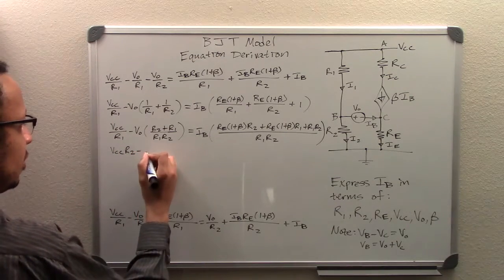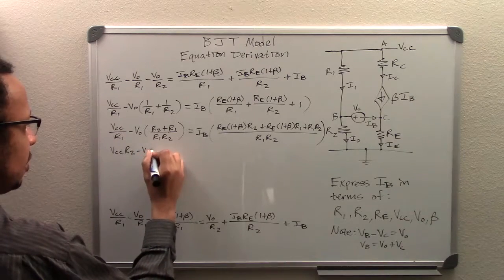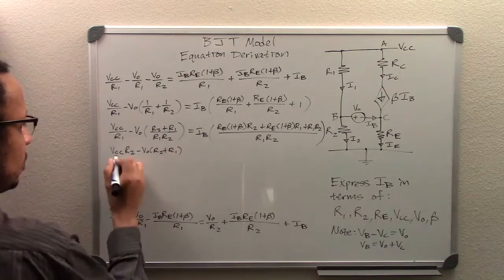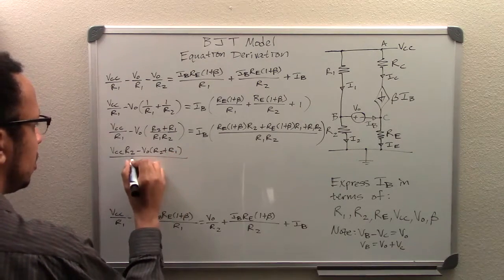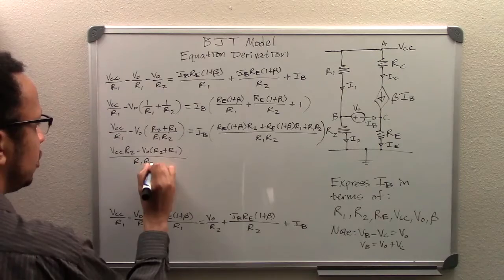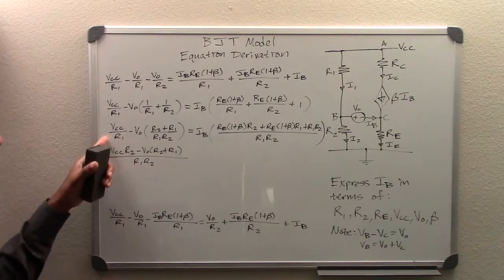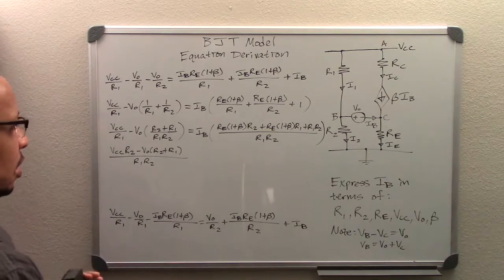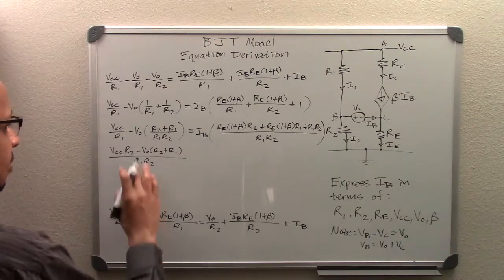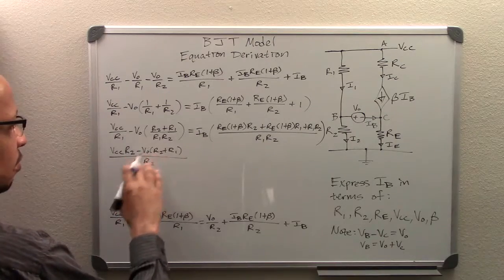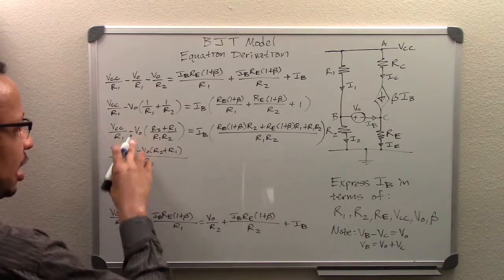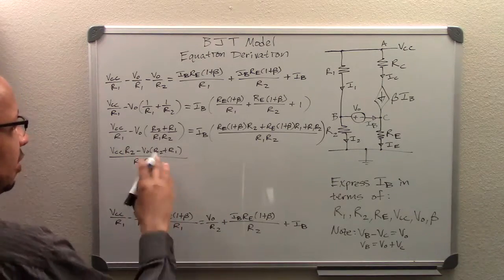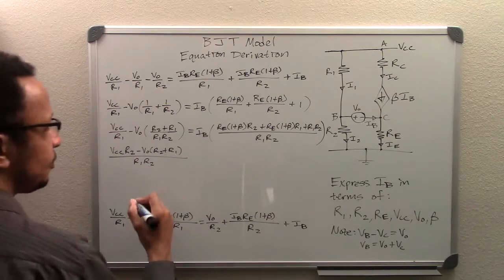We'll have negative V sub 0 times R2 plus R1, and that will all be over R1, R2. So I multiplied R2 over here, then that made it compatible for addition. And I just made sure that I kept this relationship here with negative V sub 0 times R2 plus R1.